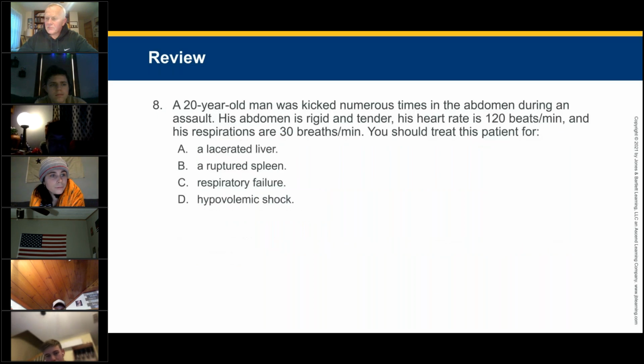A 20-year-old man was kicked numerous times in the abdomen during an assault. His abdomen is rigid and tender. His heart rate is 120 beats per minute, and his respirations are 30 breaths per minute. You should treat this patient for what?